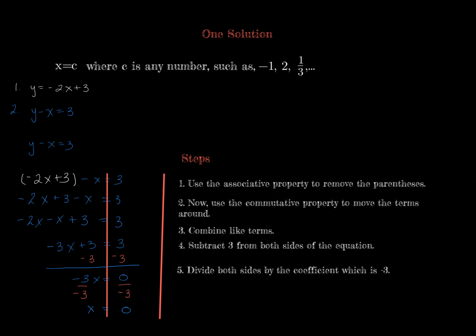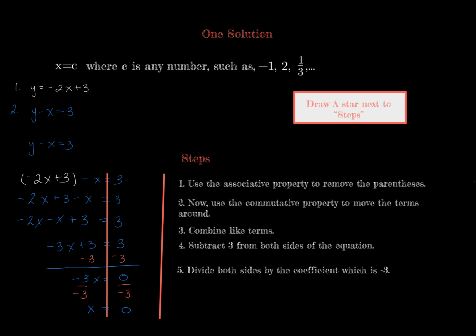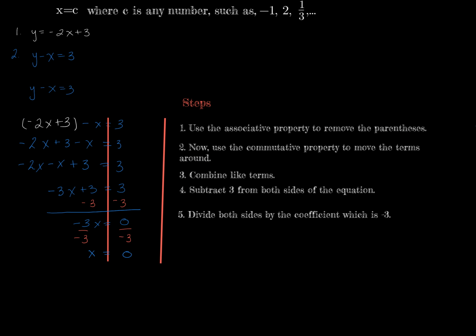Let's use the equation above, y equals -2x plus 3, and substitute the value of x, which is 0. So we're going to write the first equation down here. x equals 0. So wherever we see an x, we're going to substitute it with a 0.